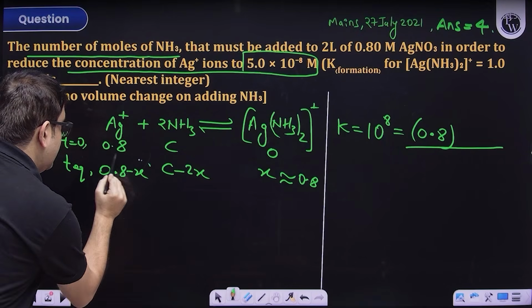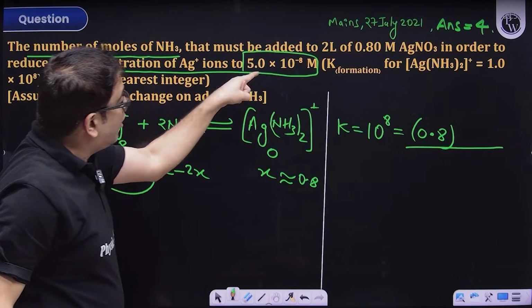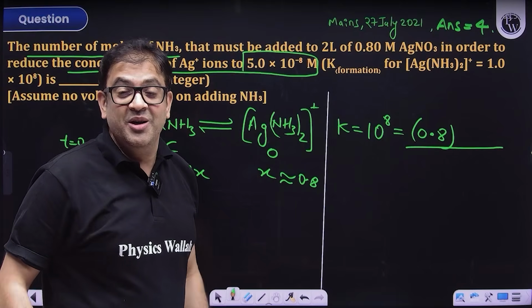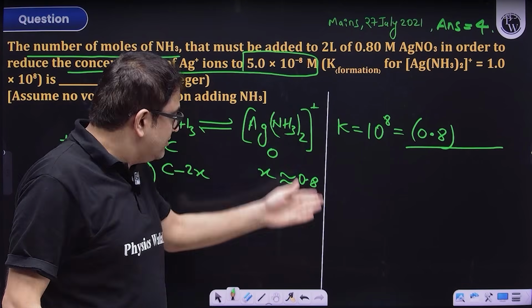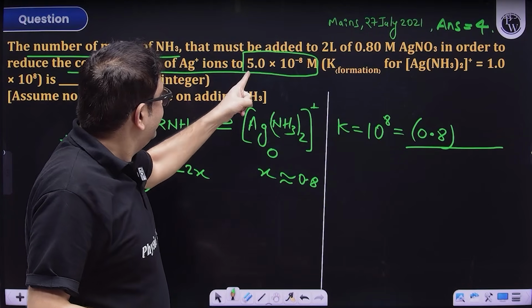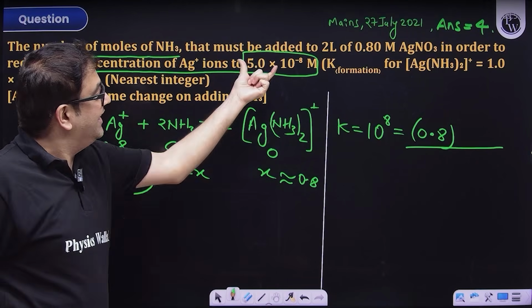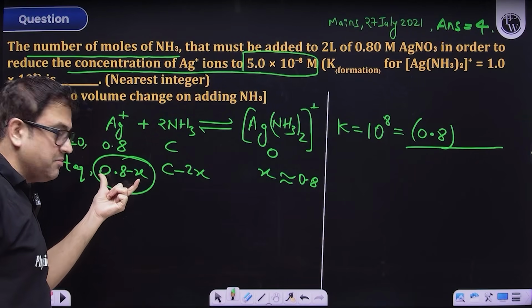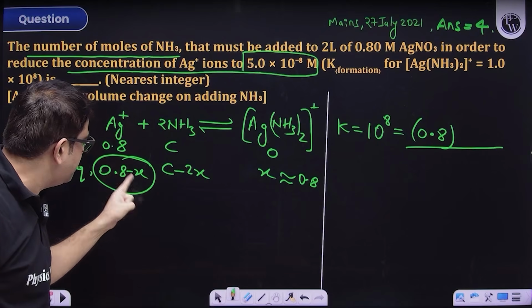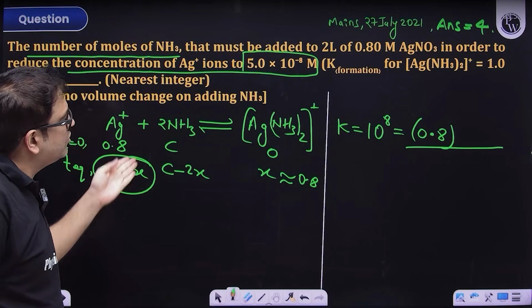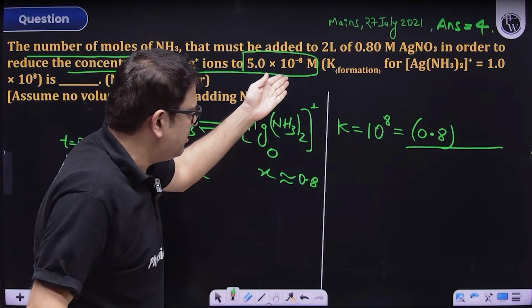Actually, the Ag plus concentration is very small, negligible actually. So the question is asking for when this negligible value has been reached. So instead of this, why introduce this variable X? Because we want the Ag plus concentration to go to this negligible level.